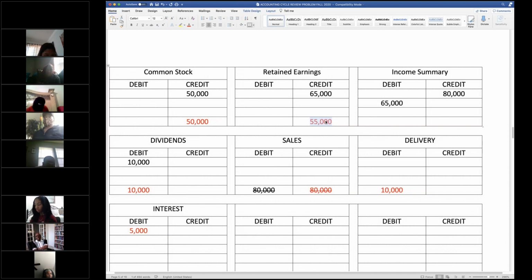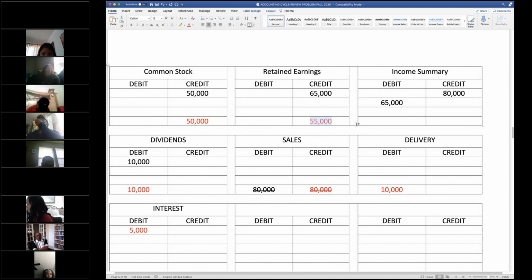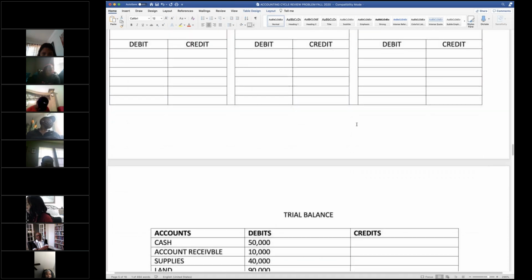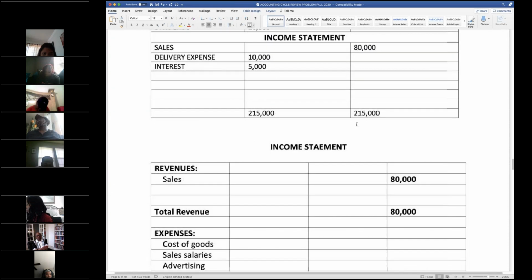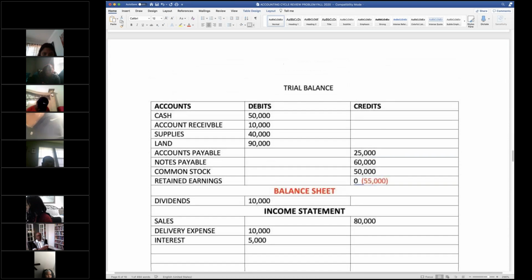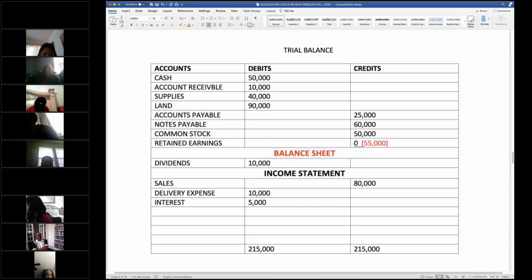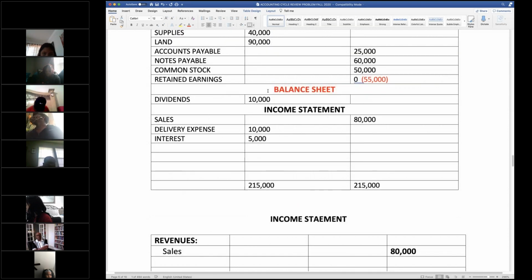Mr. Boyd, for that closing entry, so for that number 1, where did you get that sales from? Like, how did you pull that number from the debits in the income summary? Where did you get that from? So I kind of have an idea of where to look. Trial balance. We're gonna go to the trial balance. We got to close out everything below balance sheet on the trial balance. We got to close out sales.